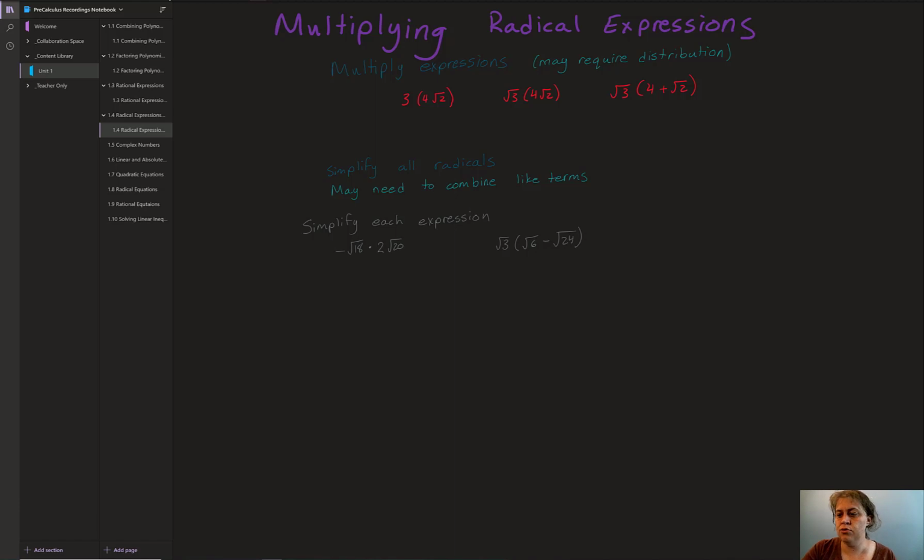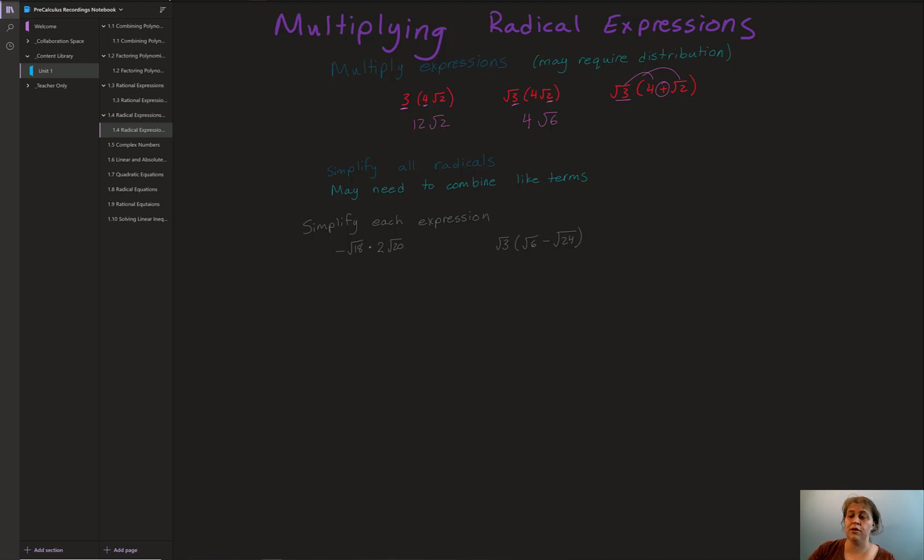So I can do 3 and 4. They can impact each other because they're both outside of the radical. So that gives me 12 root 2. 3 and 2, those guys are both on the inside, so they can impact each other, and that's going to end up with a root 6 and a 4 on the outside. The square root 3, because of the plus sign, we're going to end up doing distribution, because this is a binomial.